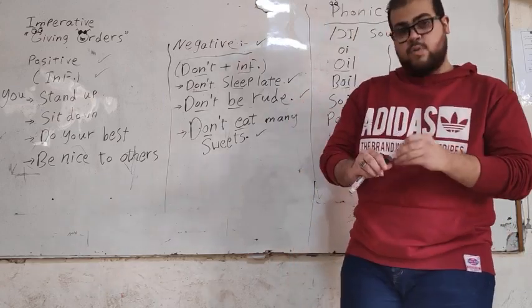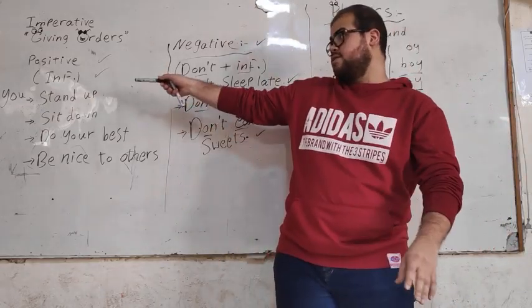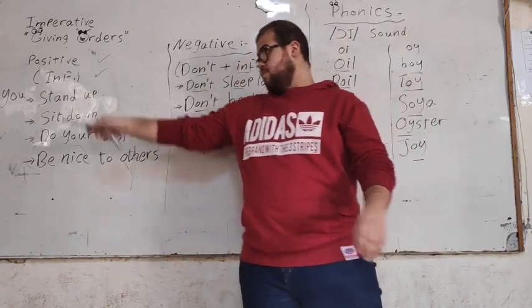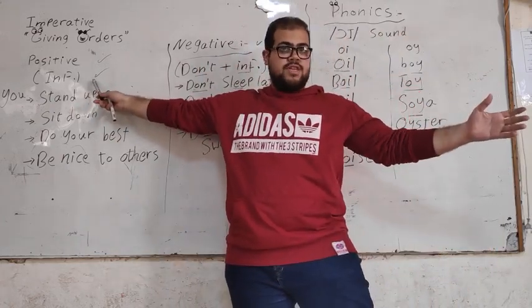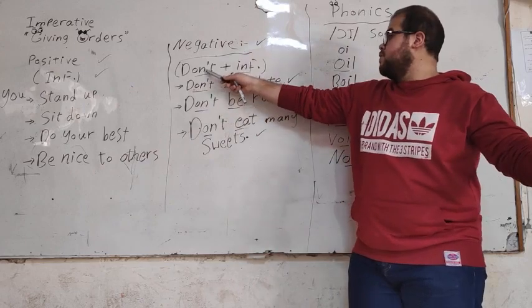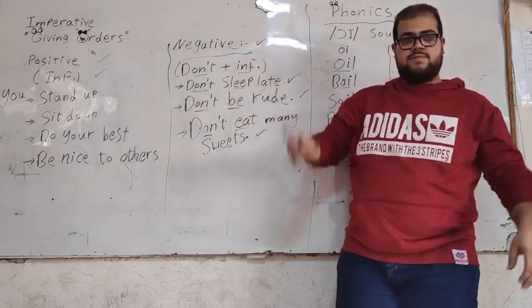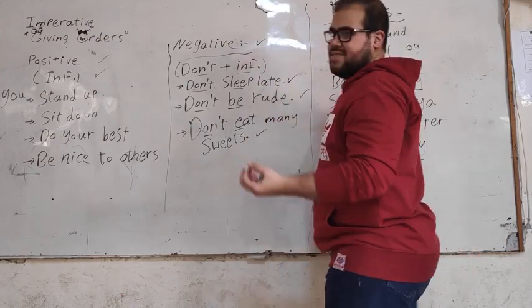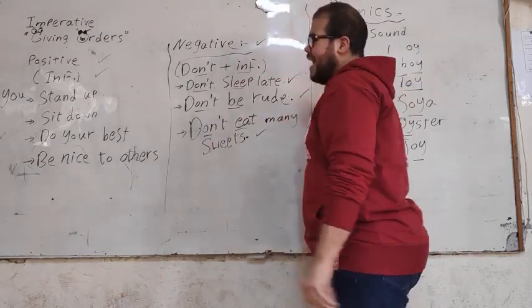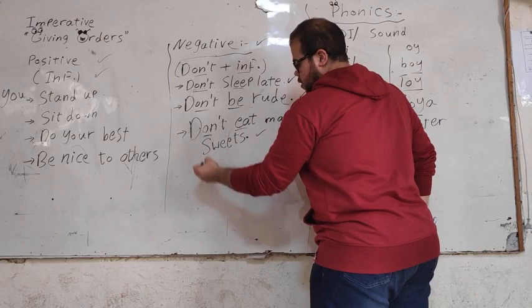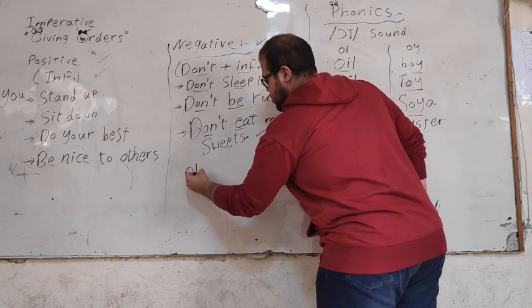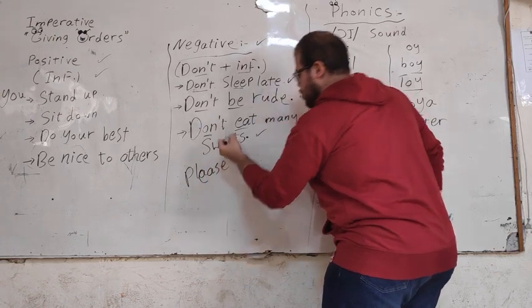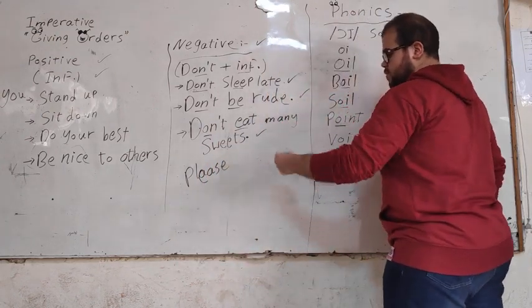We have two types of imperative, positive and negative. In positive, I just put the infinitive verb, and in negative I put don't plus infinitive. One more thing: in order to be polite, I can add please before or after the sentence.